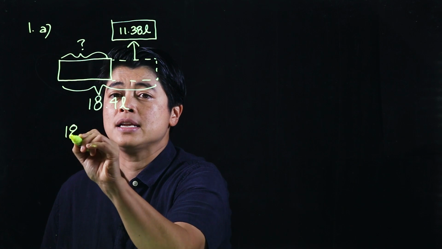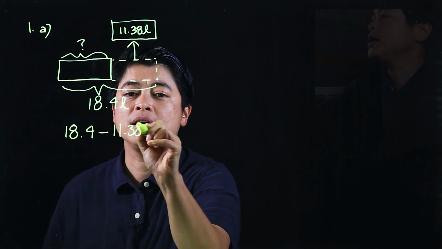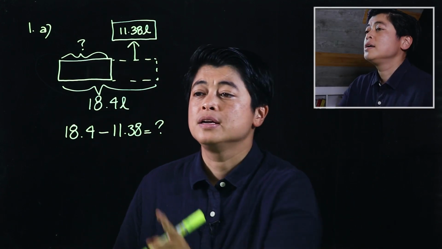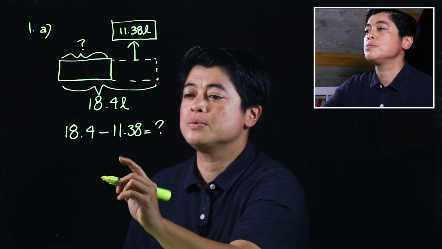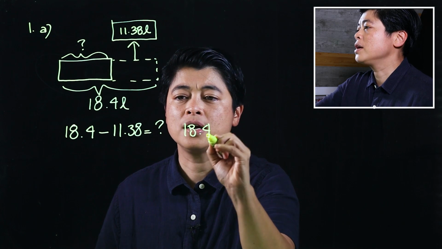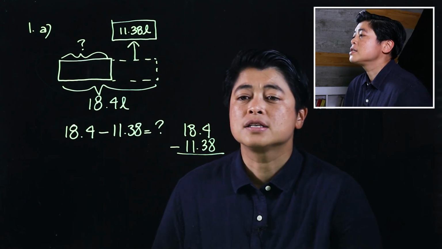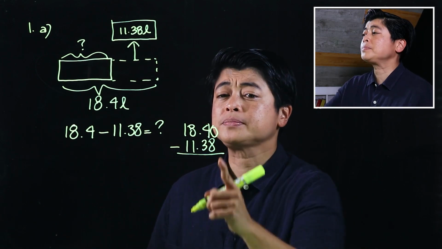So 18.4 minus 11.38 equals question mark. This has to be solved computationally. So we will write it as 18.4 minus 11.38. There's nothing there, so we put a 0.